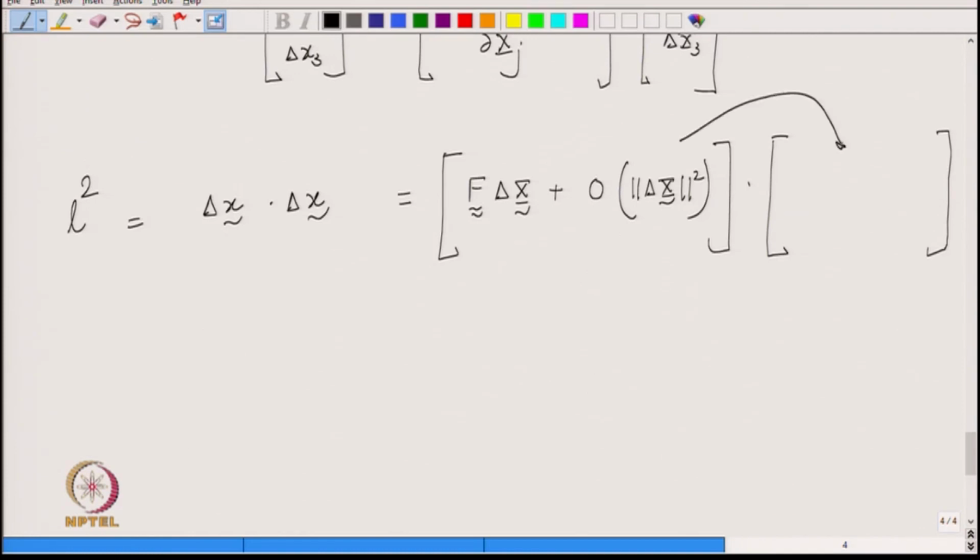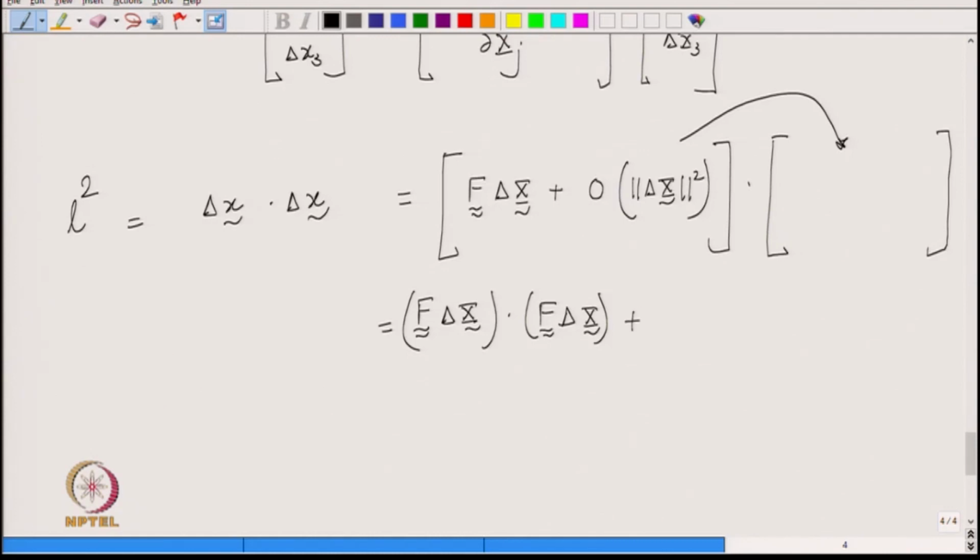It is the same thing here. So, we have to do the cross multiplication, we get 4 terms here. The first with the first there gives me F into delta big X dotted with F into delta big X, right.